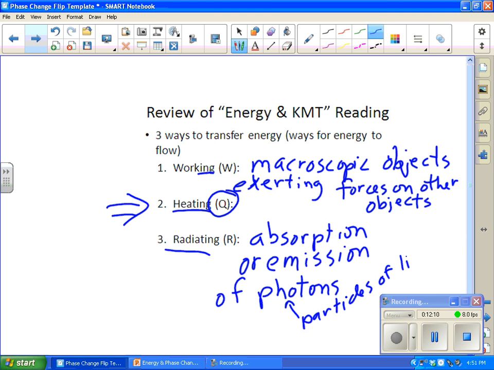We don't normally consider light to have particles, but there are particle aspects to light as well as wave aspects. You'll learn more about that in physics class. But radiating is the absorption or emission of these particles of light. So when we turn a light on, the bulb is emitting photons of light. Okay.